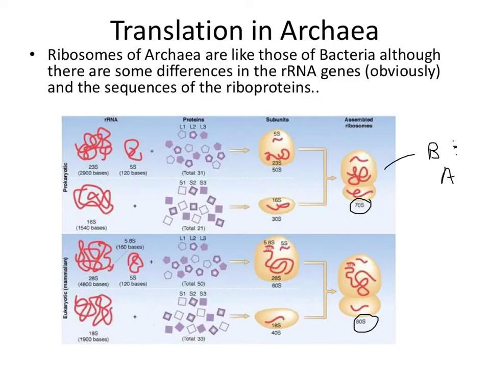Similarly, the number of ribosomal proteins in bacteria and Archaea is very similar, and the identity of the ribosomal RNA. So both bacteria and Archaea have a 5S, a 23S, and a 50S piece or sequence of rRNA in their large subunit, and in their small subunit they have a 16S and a 30S.